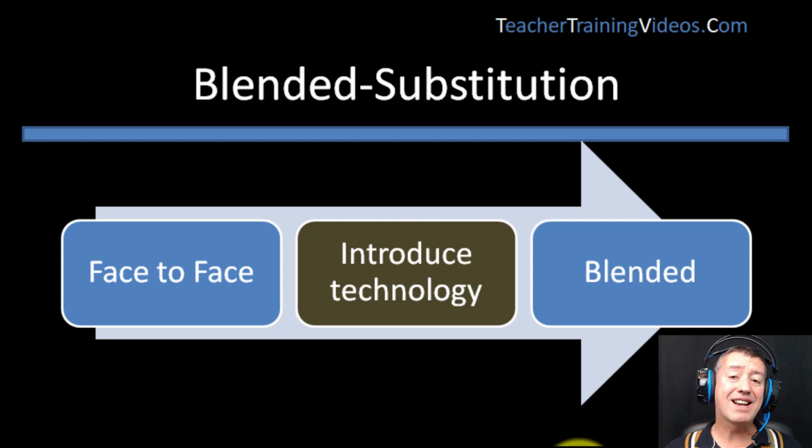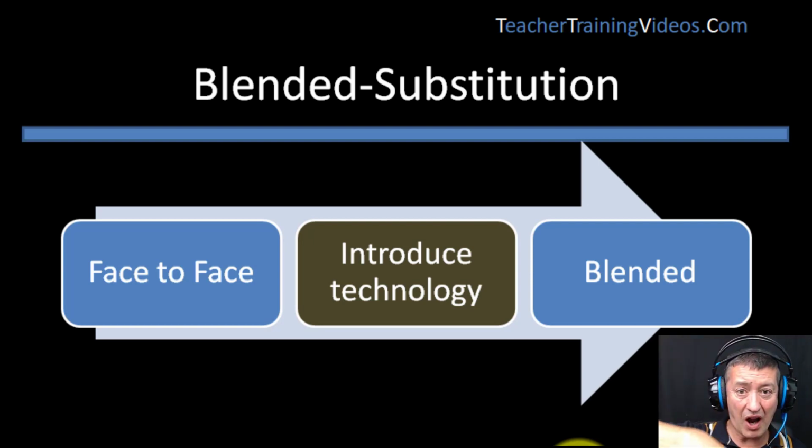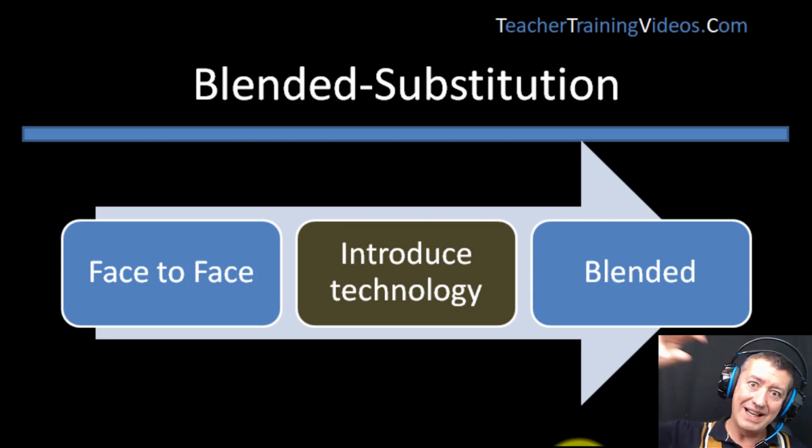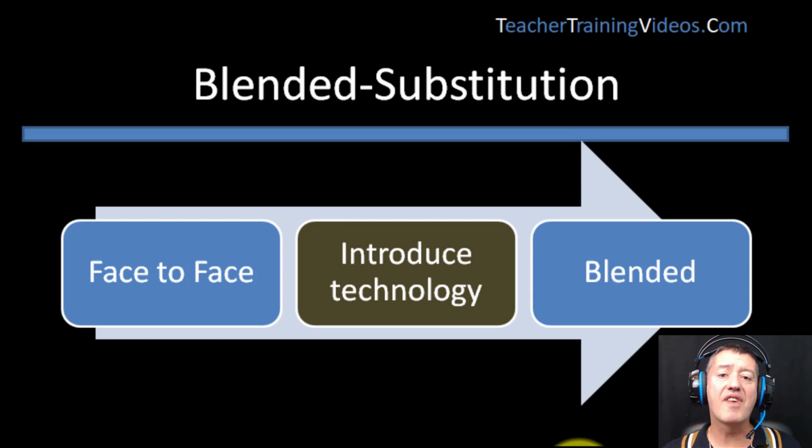So basically what we're trying to do is take parts of a traditional lesson out and bring in technology to replace it. So it's very much based on substitution and the choices of why we would take out what we were doing traditionally and then bring in technology. Those choices are really important in terms of the blend, and we'll come back to that in a minute.